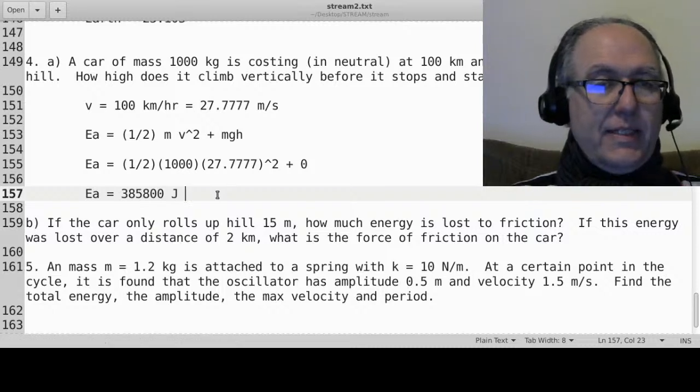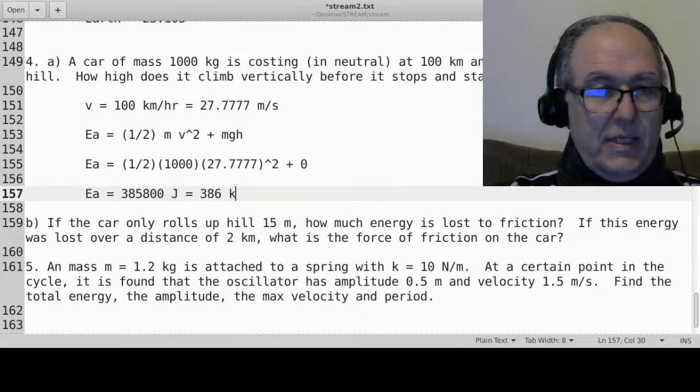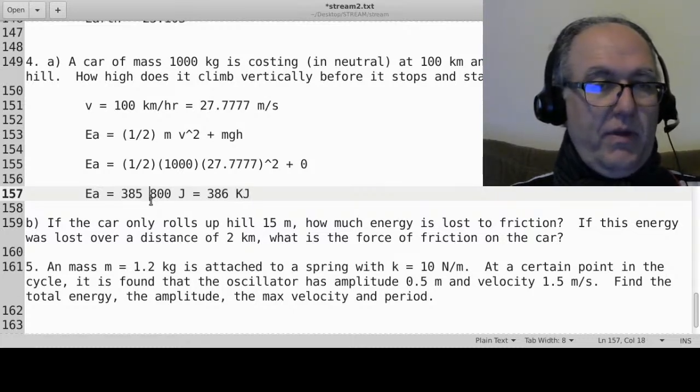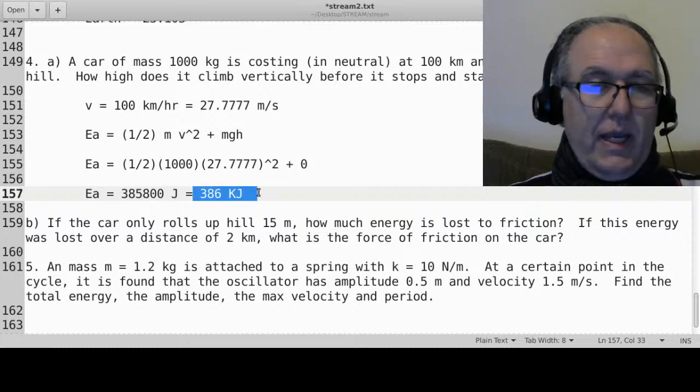On a test, though, you might see it this way: 386 kilojoules, capital K kilojoules, like that. Why? Because if I divide by 1,000, that'll drop off, and then rounding off, it'll be 386 kilojoules.